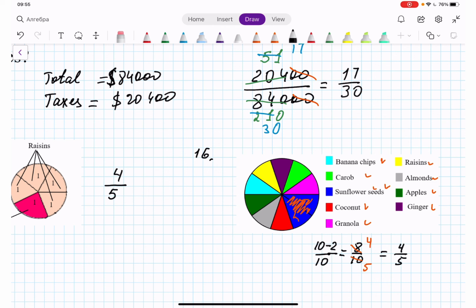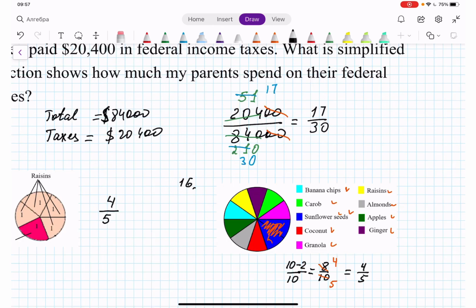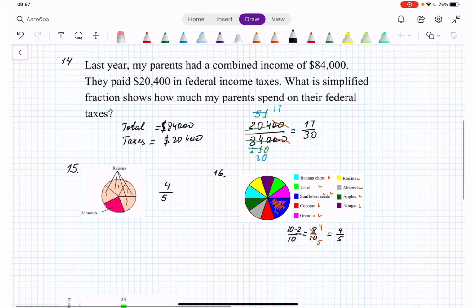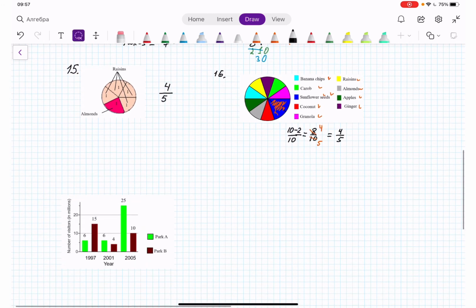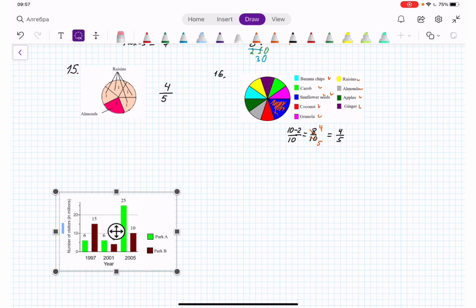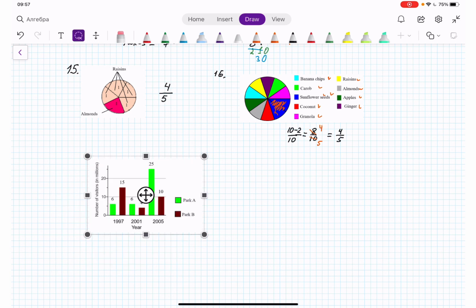Number 17. Next question, number 17. Let me move this up. What do we have? The adjoining chart provides some statistics about the number of visitors to the 2 most popular theme parks in the country.